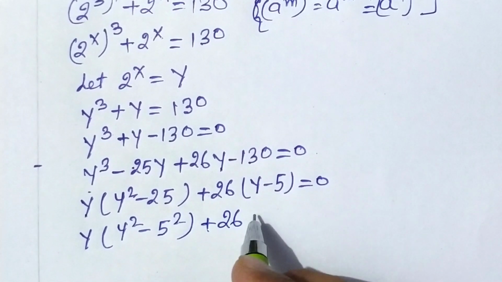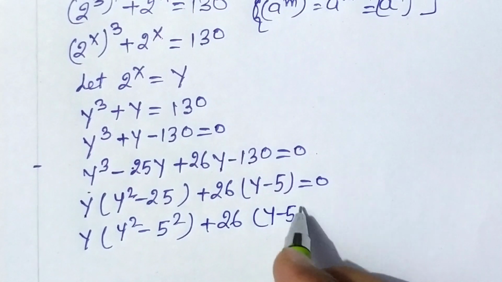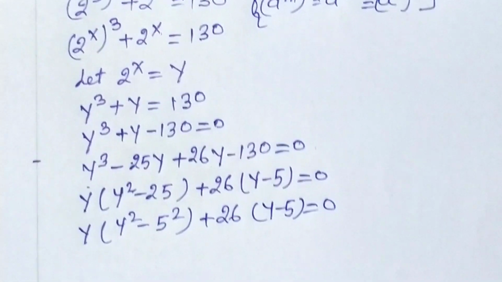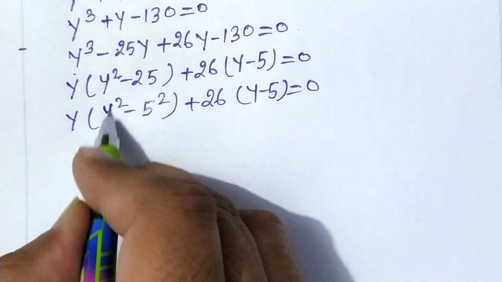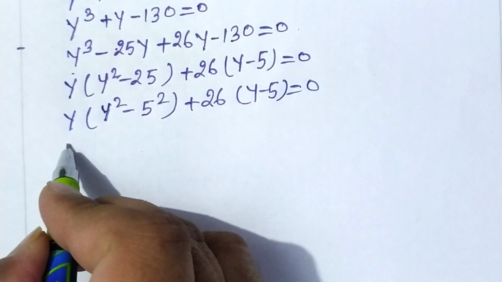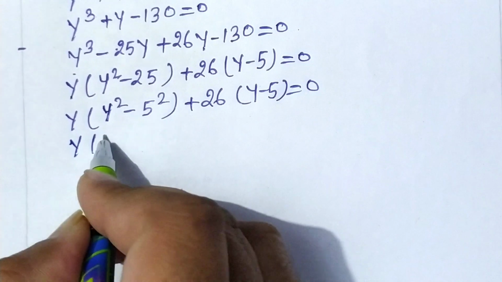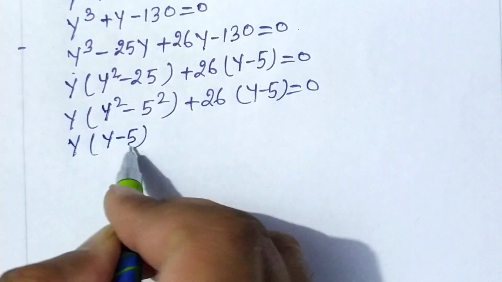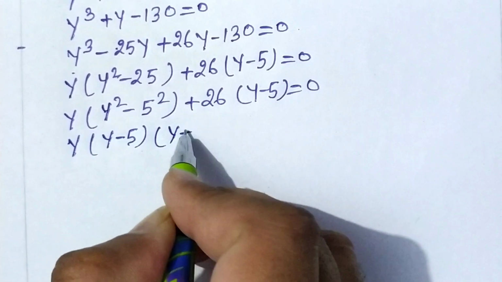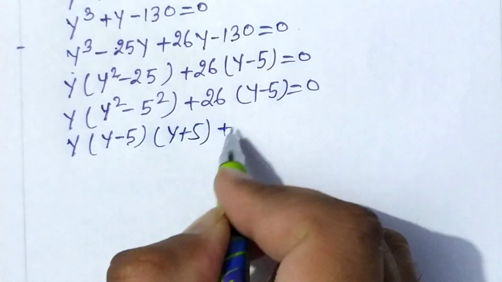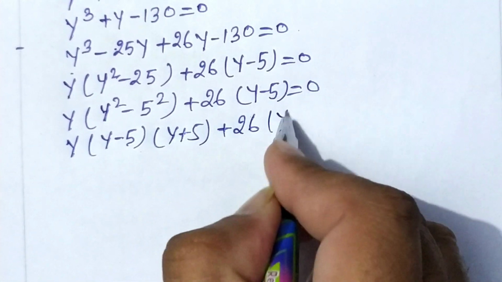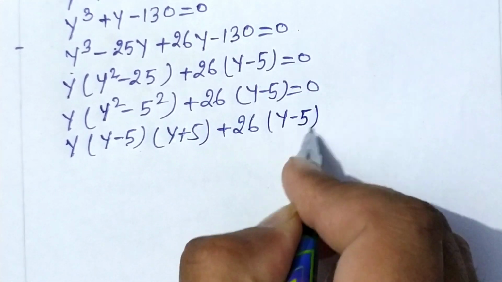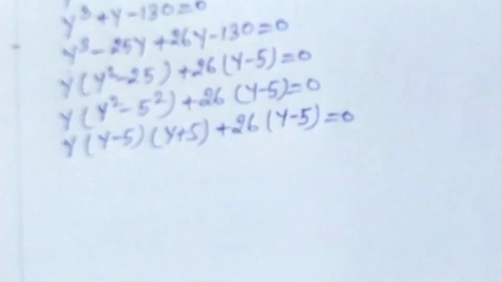Using the a square minus b square formula, we can write y into (y minus 5) into (y plus 5) plus 26 into (y minus 5) is equal to 0.